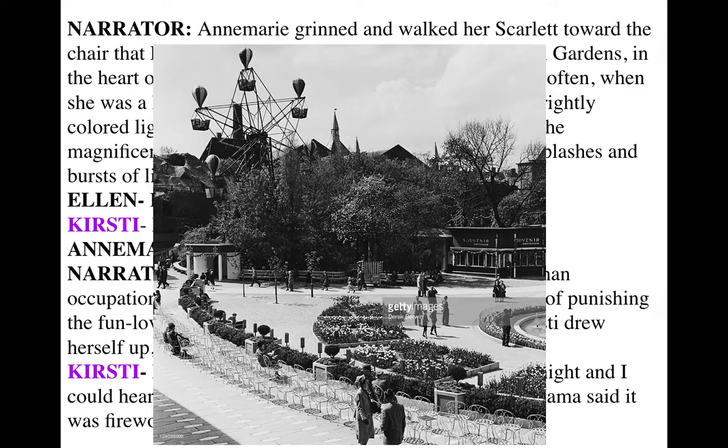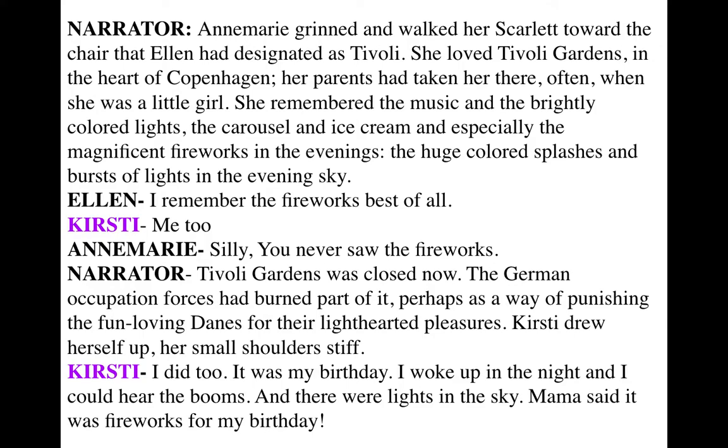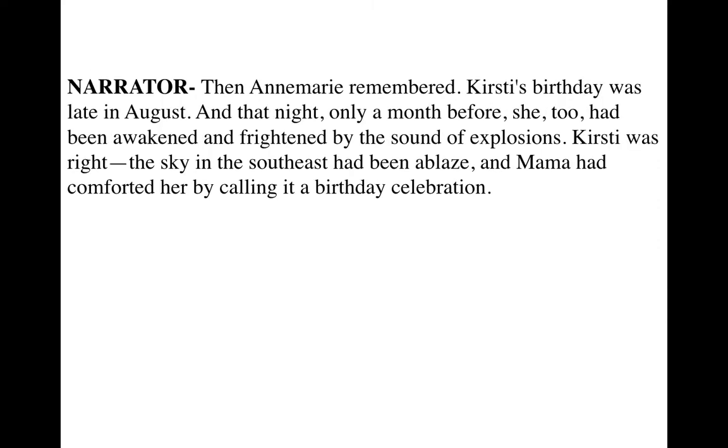Okay, and if you Google it, you'll actually see they rebuilt Tivoli Gardens. And again, it's kind of like Disney World. But what happened to it? The German forces burned it. And that actually happened. So again, Anne Marie, Ellen, and Kirsty, these are made up characters, but they're talking about events that actually happened in history.